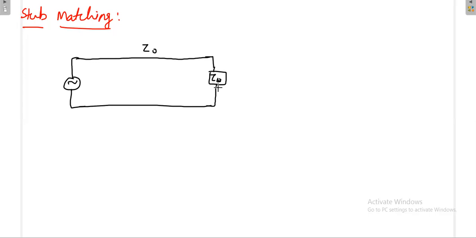Anybody? Instead of ZL, what can you take? Z naught. If the load impedance is equal to the characteristic impedance, then there is no reflection. That is the idea generally. If ZL is equal to Z naught, K is equal to 0, no reflection. When there is no reflection, S is equal to 1, the standing wave ratio is 1.